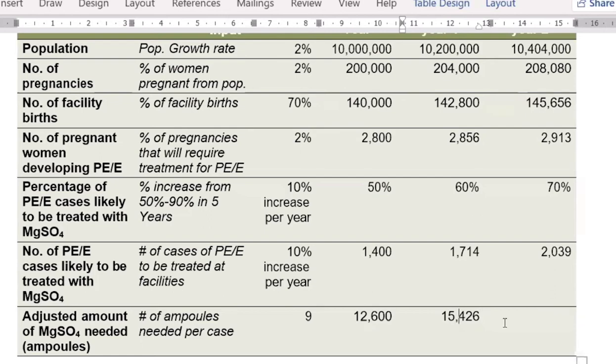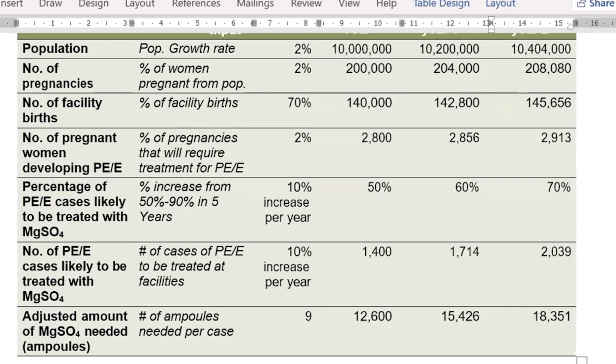The other year? 18,351. All right. Thank you, sir. So this will be your number of ampules that you are going to buy.